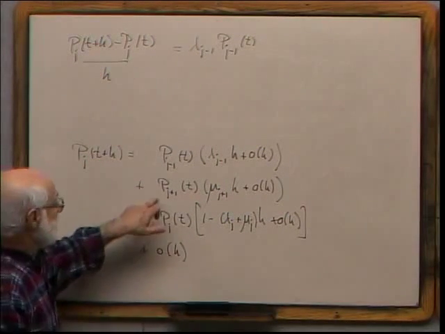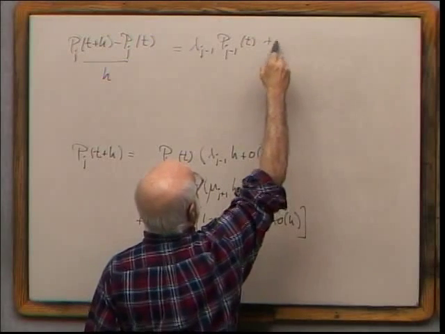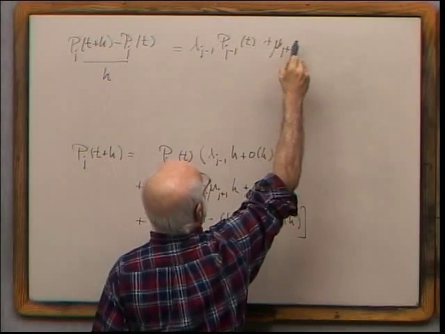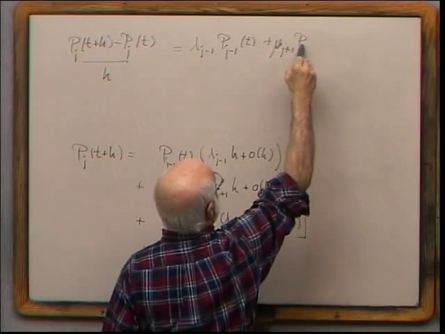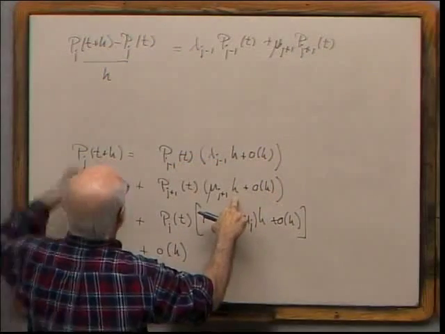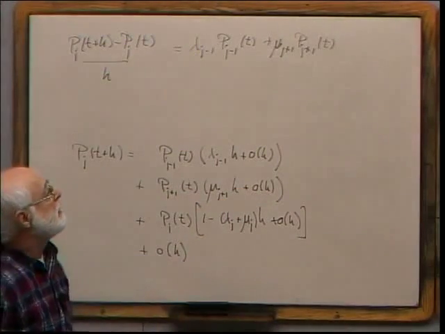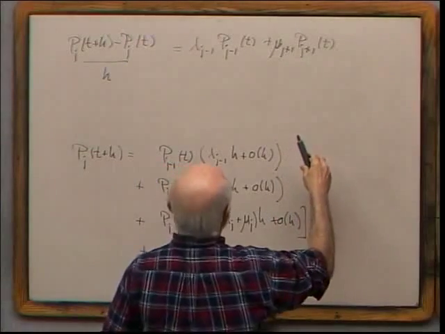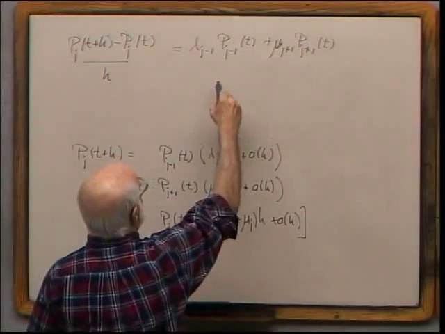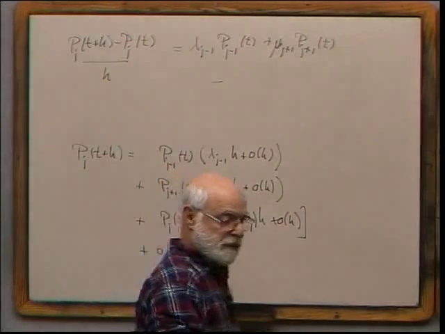Okay, similarly for this term. So the coefficient is now mu sub j plus 1. Here's my p sub j plus 1 of t. The h has been divided out, so it's right there. And the o of h is going to be collected at the end. The next term is minus. That's this guy right here. Let's see, this looks like it's running out of ink.